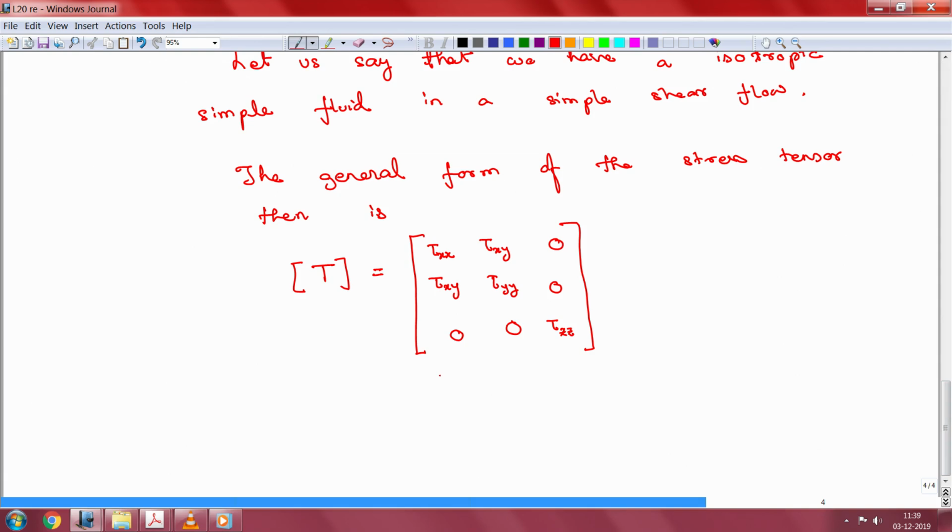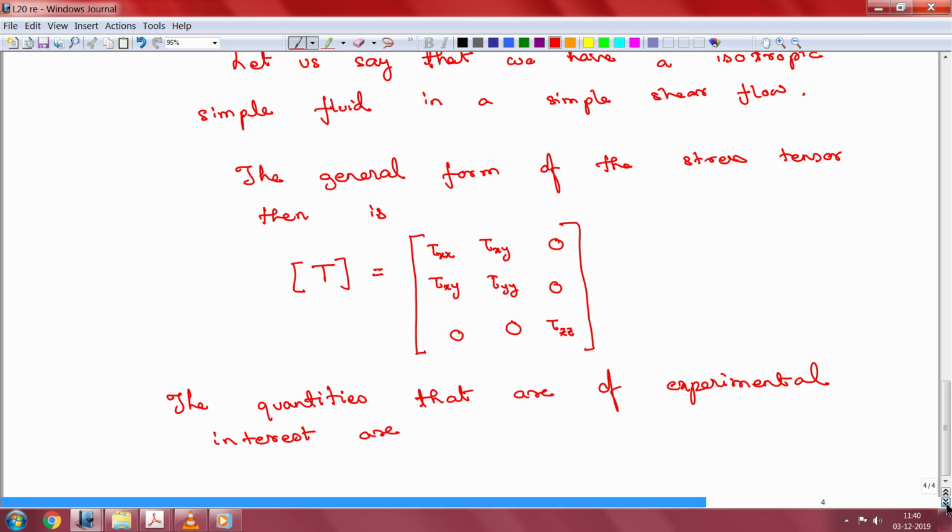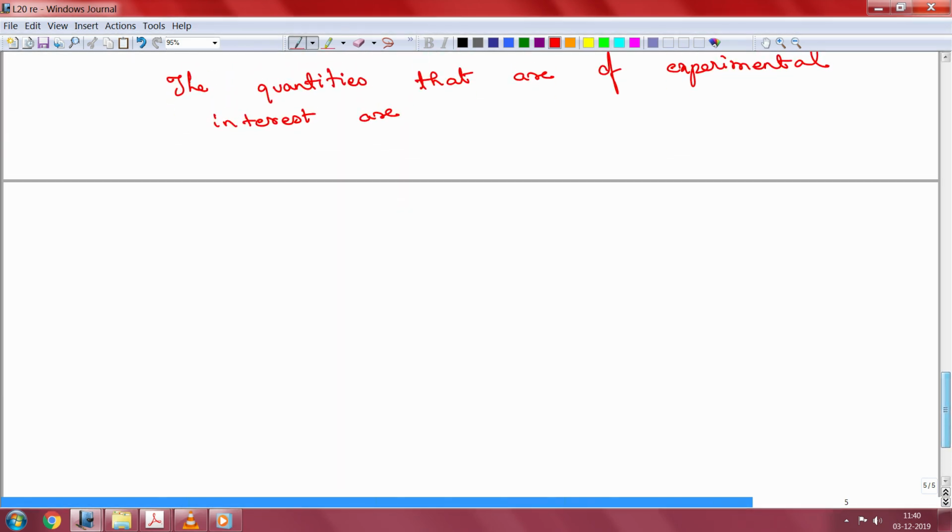Now the quantities that are of experimental interest are, and here let's say, one of the quantities is obviously the shear stress, right. We have already written that down, tau xy.